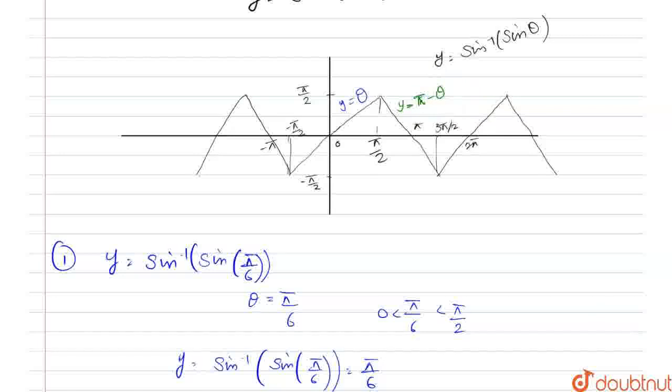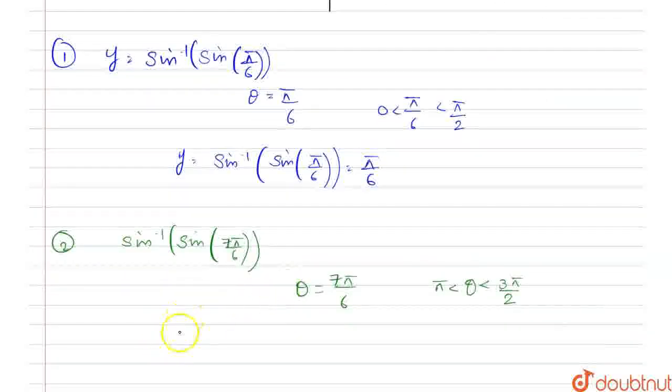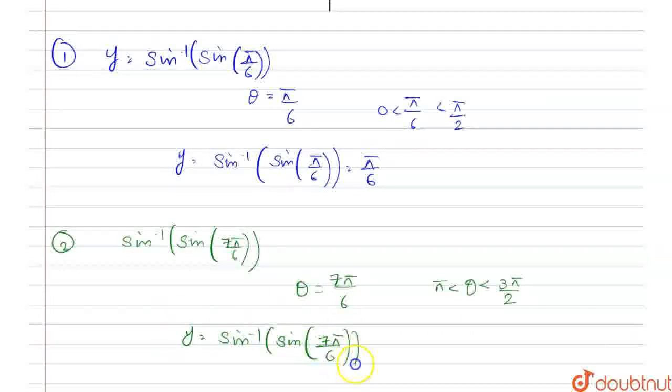So here we can write that the curve y is equal to sine inverse of sine of 7 pi by 6 will be open in the format of pi minus theta, where theta is equal to 7 pi by 6. So it gives the value minus of pi by 6.